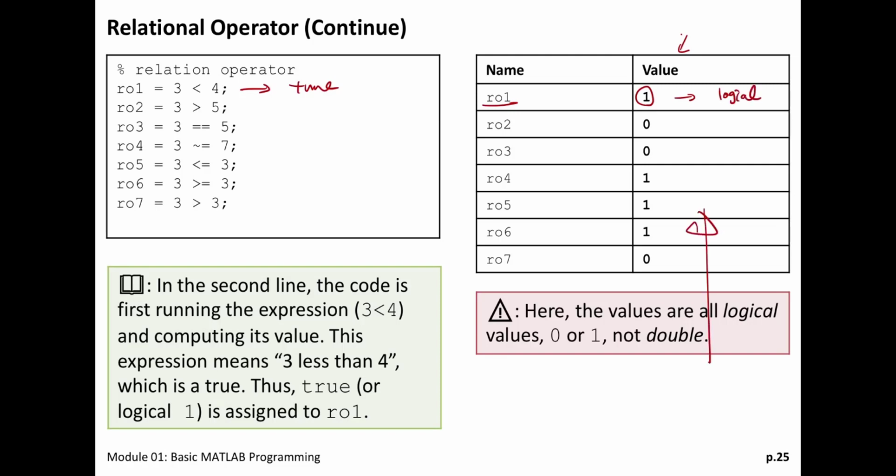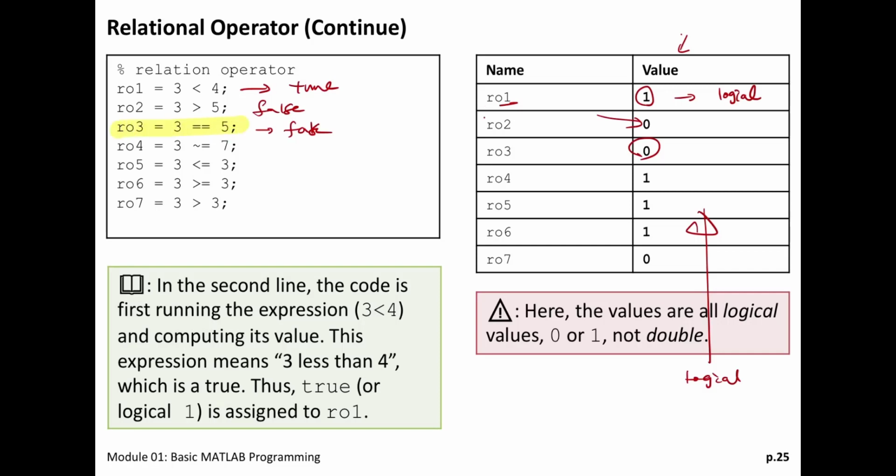Basically, the types of these variables or values are logical. This one false, right? That's why 0. This one, what is this one? False, right? So 0.